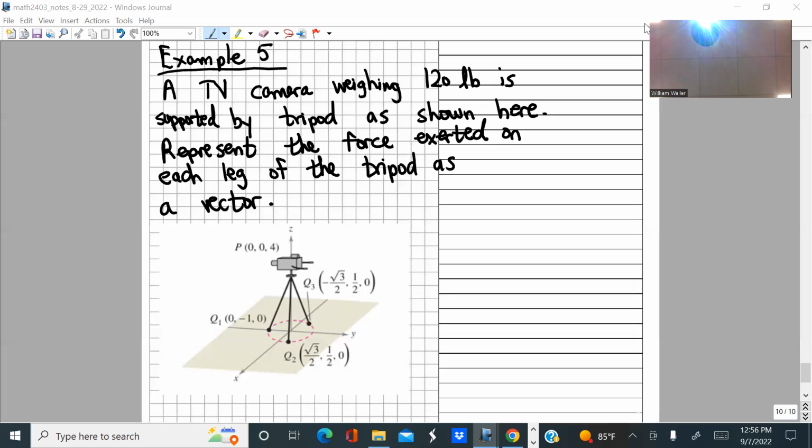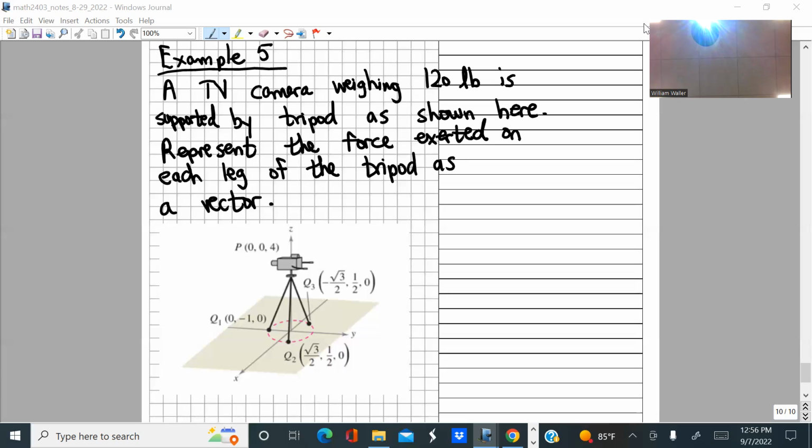All right. So the setup here is very simple. You've got a TV camera. Now this problem is a little bit archaic, because that is a heavy TV camera, 120 pounds. But anyway, the weight is not important. So you've got a TV camera that's mounted on a tripod, as shown here.